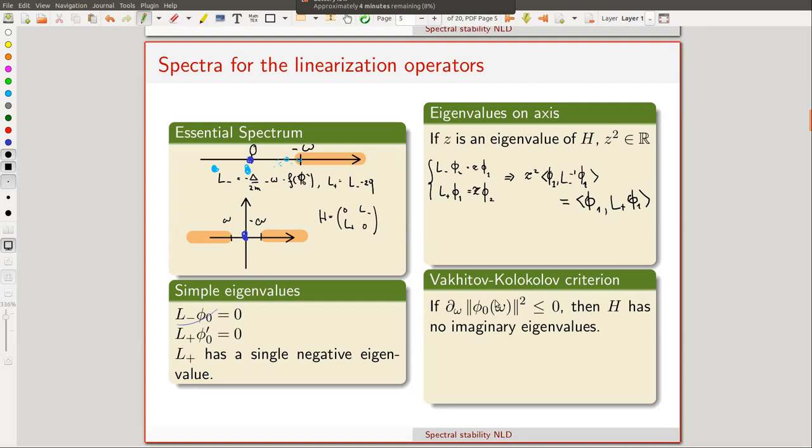If this function is nice enough to allow for a derivative, and this derivative is negative, then there are no imaginary eigenvalues. So then all the eigenvalues are on the real axis, and the whole problem of spectral stability is solved. If you have an explicit formula, you can check it. And if not, you can find this phi zero and plot it. So it's a very convenient way to check spectral stability.